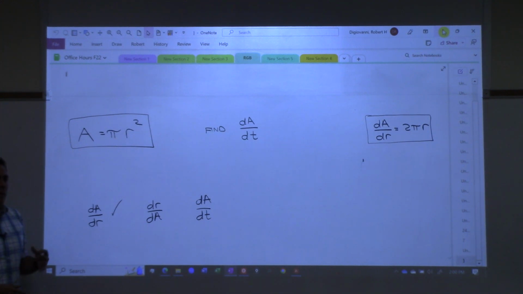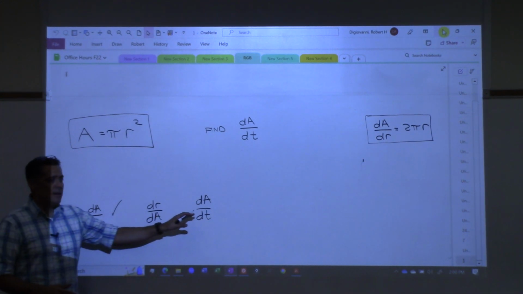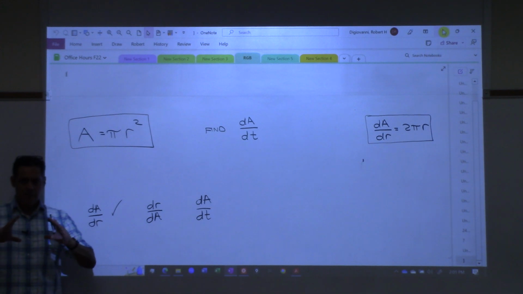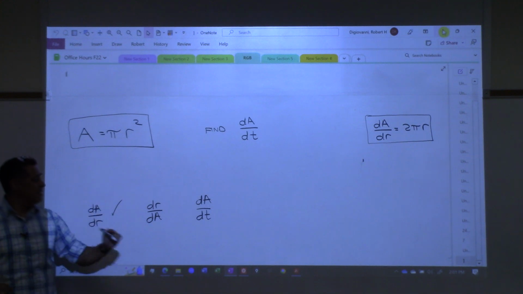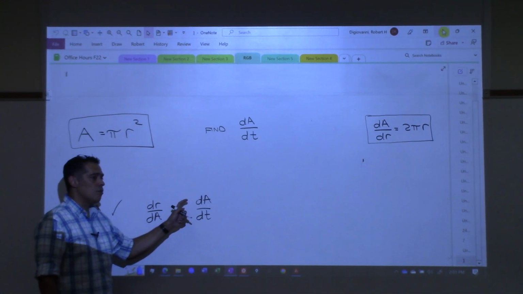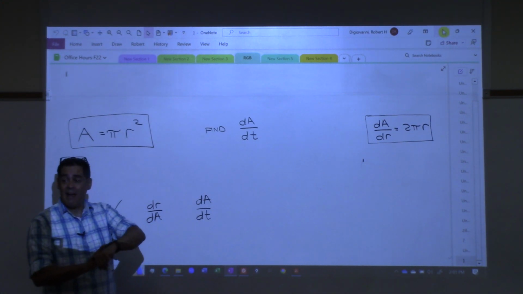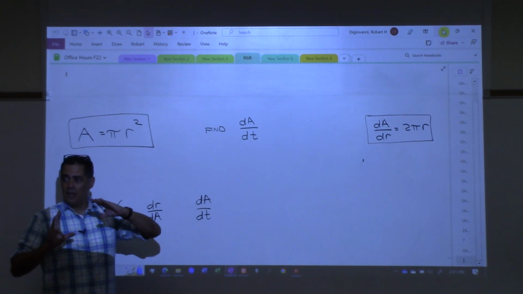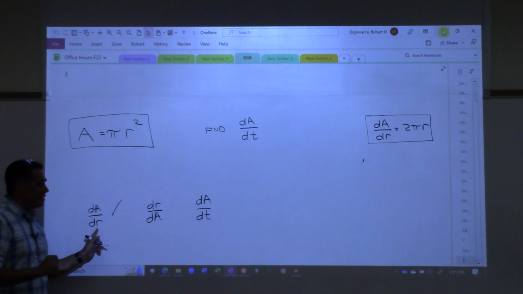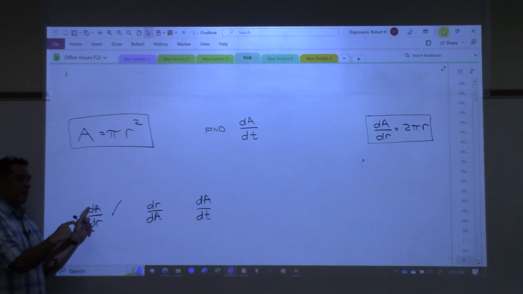So imagine that you have a circle that's just growing. Like you start a clock and the circle starts to grow. What we can do is ask, how fast is the area growing with respect to the time? So as the time changes, how does that impact the area? Instead of saying, if the radius changes, how does that impact area?